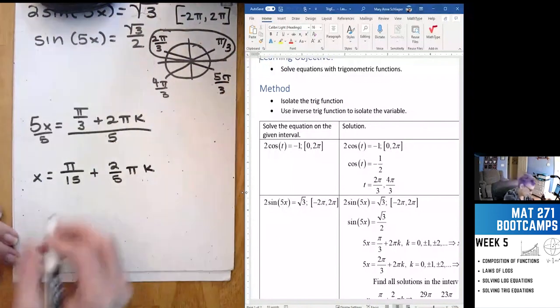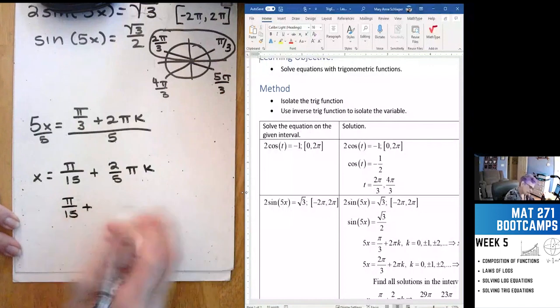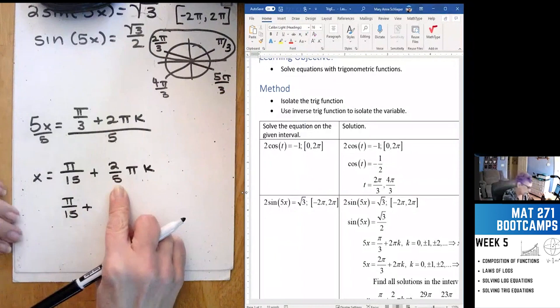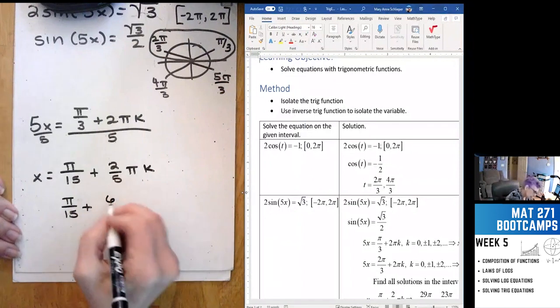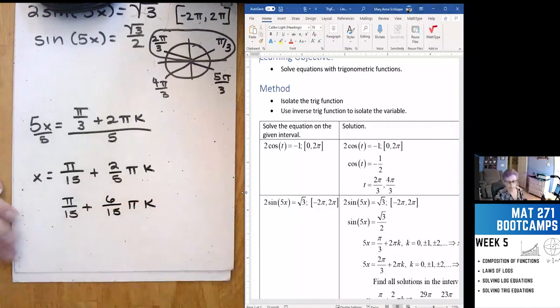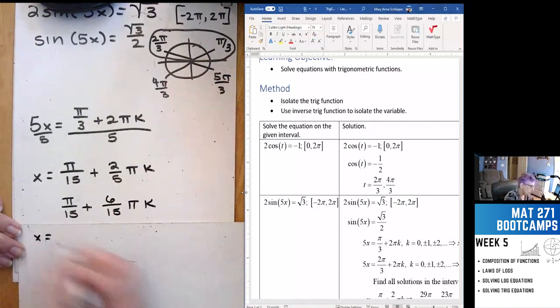I'm going to rewrite this as pi over 15. I need a common denominator so I can add and subtract. So that would be 6 over 15 pi k. So for this one, I'm going to start with pi over 15.